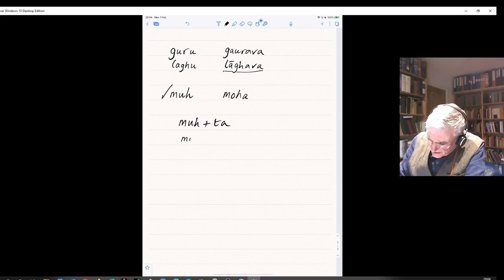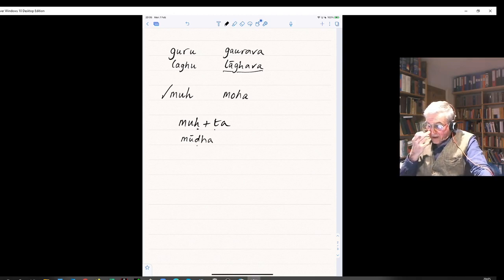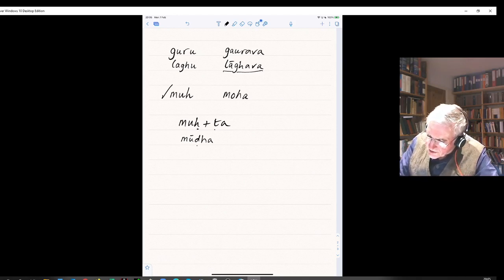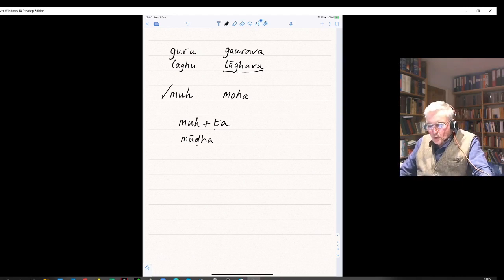First of all, it wants to lengthen the preceding vowel. And so you can't have ht. It wants to change to mudha. So all I can say is, sorry, that's just how it is by the strange rule of Sanskrit. Muhta becomes mudha. So mudha is the simple past participle from muh, meaning to be deluded.